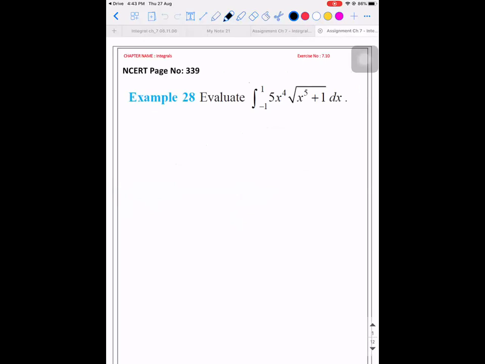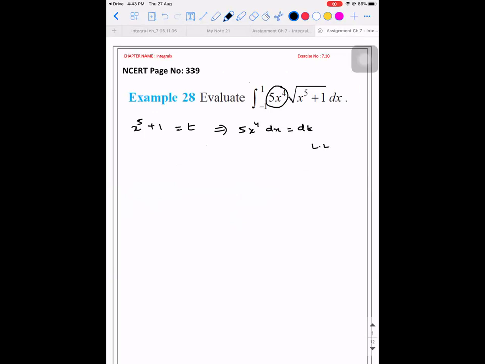So integral of minus 1 to 1, 5x power 4 into root of x power 5 plus 1. So 5x power 4 is the derivative of whom? X power 5. So our work is to eliminate the square root also. So put x power 5 plus 1 is equal to t. That implies 5 into x power 4 dx will be equal to dt.